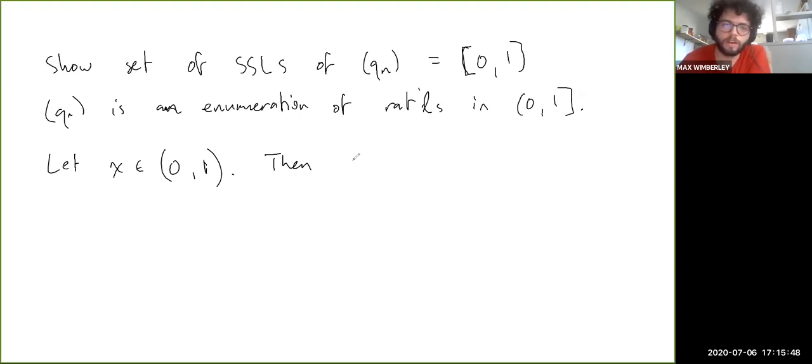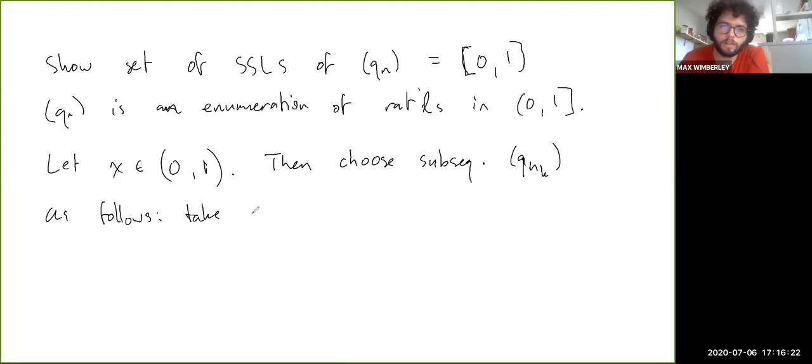Okay, so let's see how to say this. We'll choose a subsequence Qnk as follows. Take n1 such that Qn1 is in (x minus 1, x plus 1), or something like that.